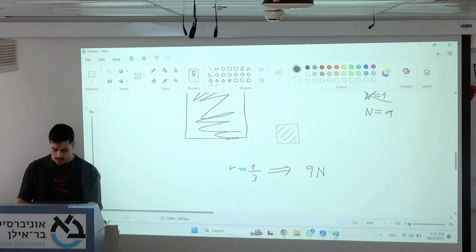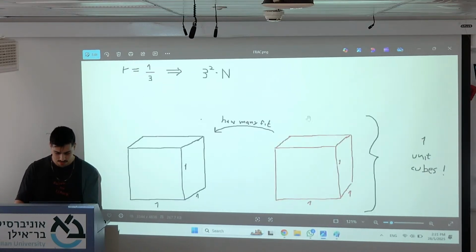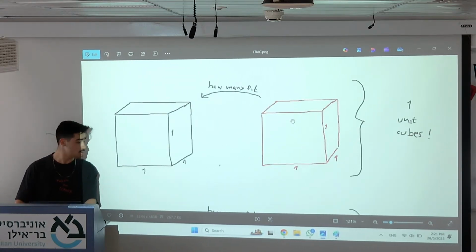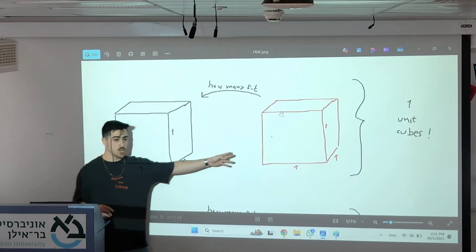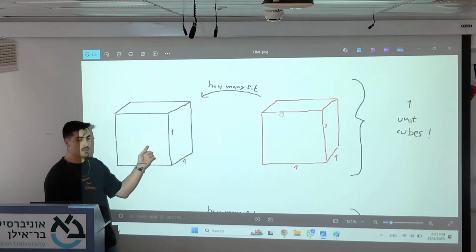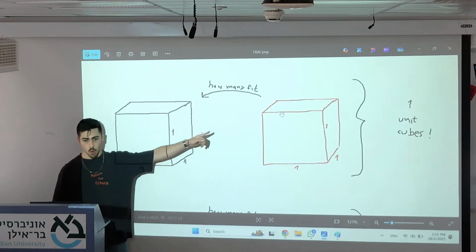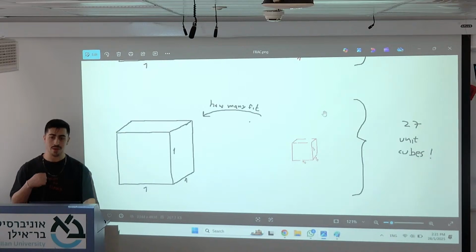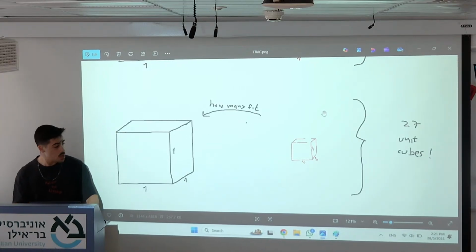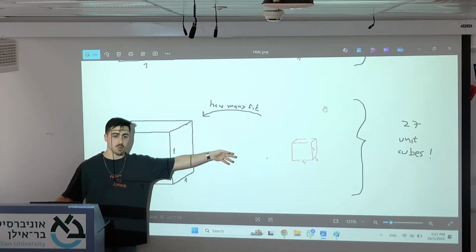Similarly, I don't have the time to draw this, but this works in 3 dimensions as well, okay? So let's say that my unit cube is the same volume as my cube, only 1 cube will fit in. If I make it have 1/3 the side length, now 27 cubes will fit in.